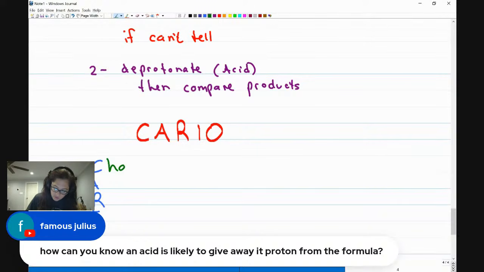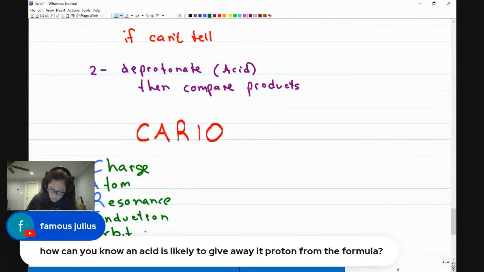C is for charge, A is for atom, R is for resonance, I is for induction or the inductive effect, and O is for orbital hybridization, which we'll explain in a moment because that one is the hardest one. So we're looking at charge, atom, resonance, induction, and orbital hybridization.